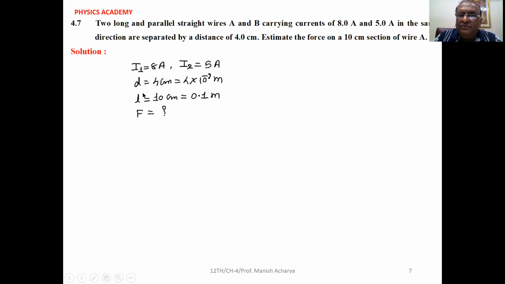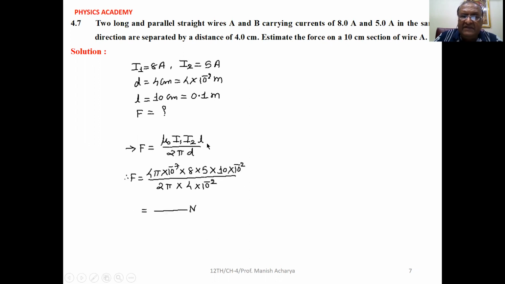Separation between these two parallel straight wires is 4 centimeter, so that is 4 into 10 raised to minus 2 meter. We have to estimate the force on a 10 centimeter section, so we consider L as 10 centimeter, that is 0.1 meter.